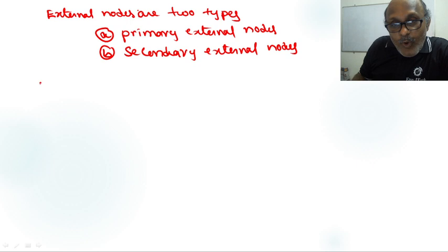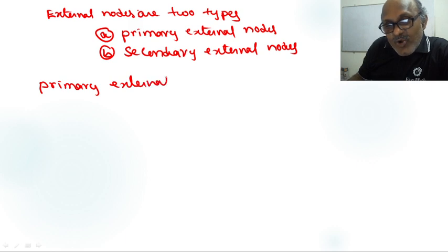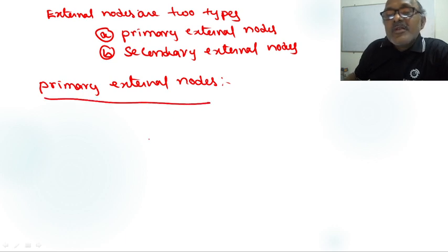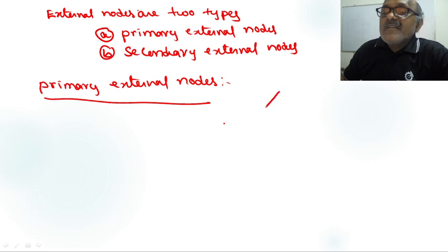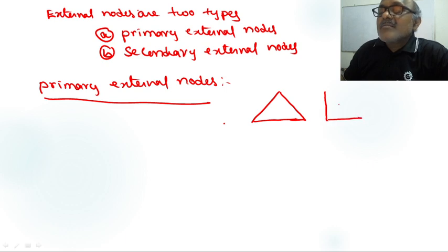So first of all, what is meant by primary external nodes, my dear students? Suppose I consider a triangular element and a rectangular element.